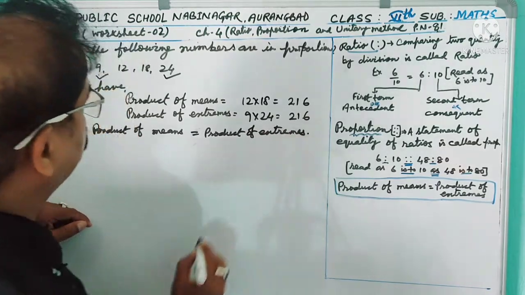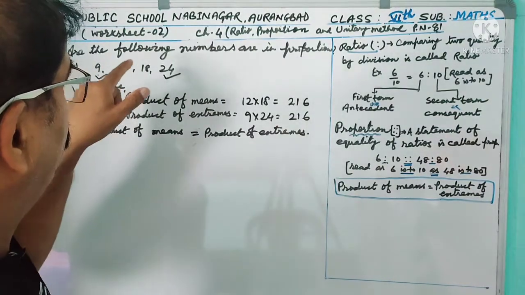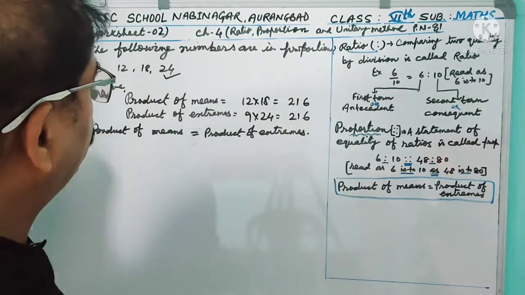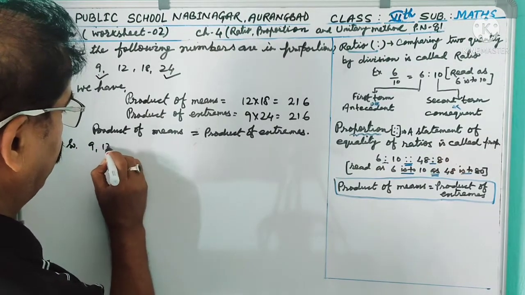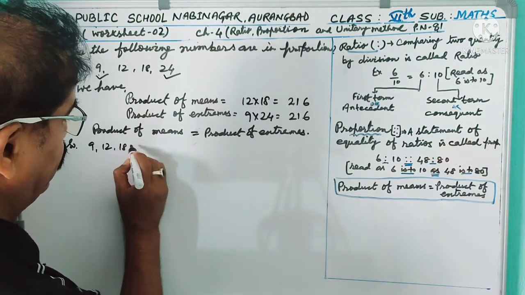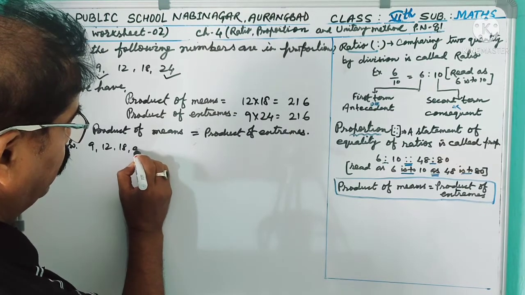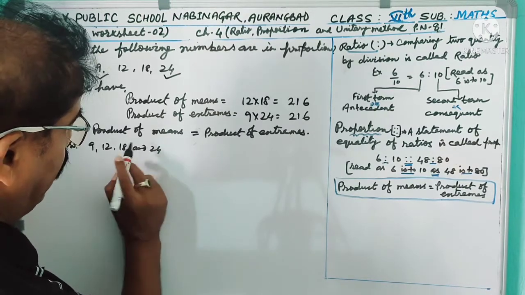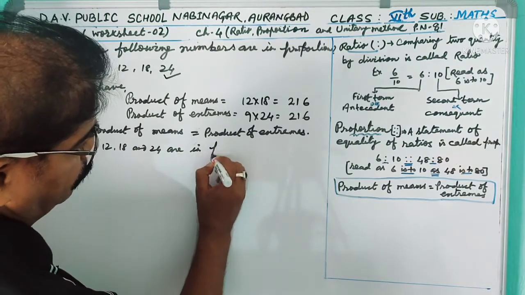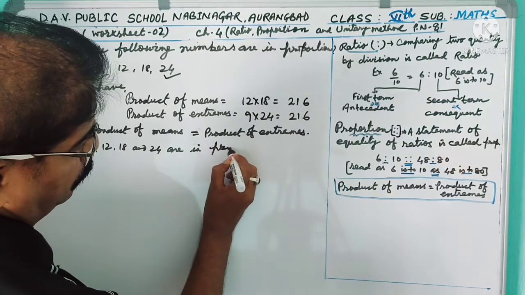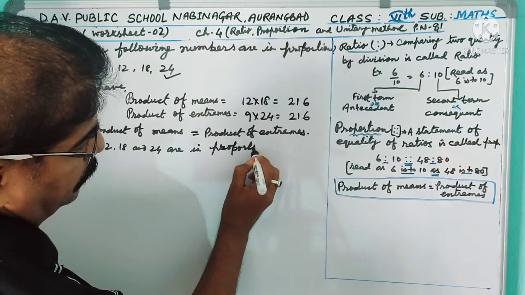So we say that 9, 12, 18 and 24 are in proportion.